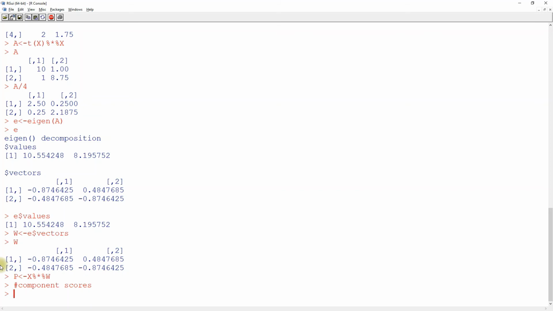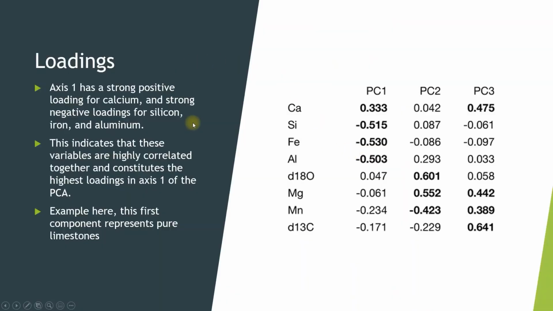By the way, the W that you got here, let me just quickly show you, the eigenvectors that you got are what? This is what you get from the eigenvector, the loadings. We call that the component loadings.